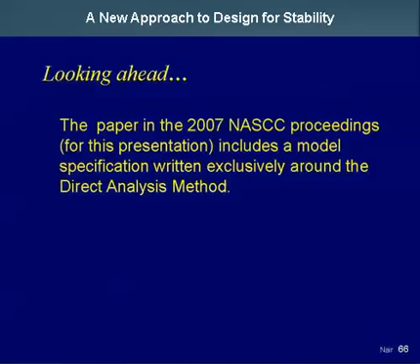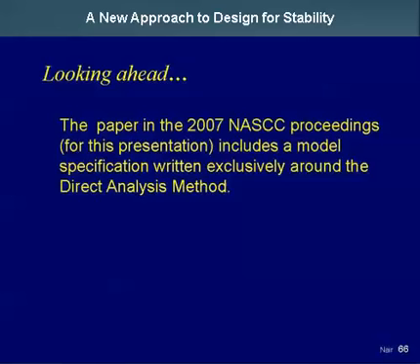And finally, let me just say that the paper in the 2007 North American Steel Construction Conference proceedings for this presentation includes in an appendix a model specification written exclusively around the direct analysis method. You know how right now the method in the base spec is the other methods and the direct analysis is in an appendix.